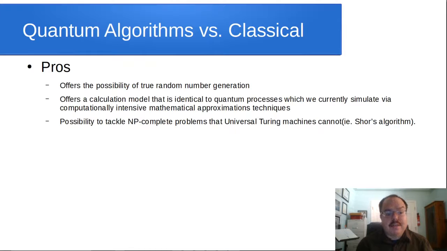The third biggest thing, and the real holy grail, is the idea that we could actually tackle NP complete problems that the current computer architectures cannot. Shor's algorithm is one of them. Peter Shor came up with it in 1994, and it could factor large numbers using a quantum algorithm.